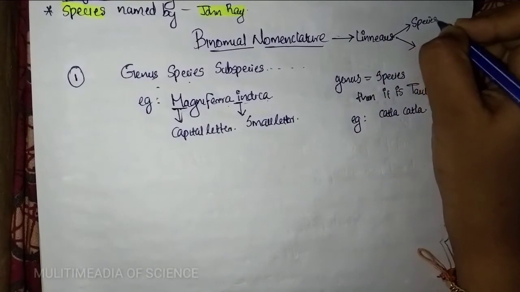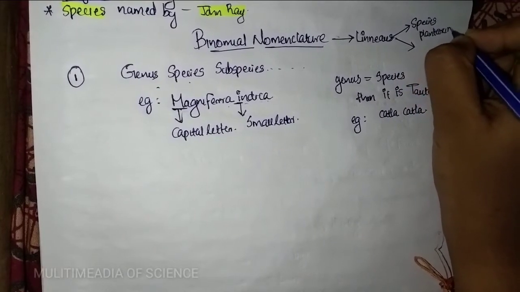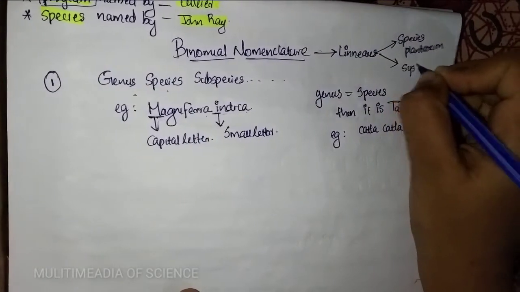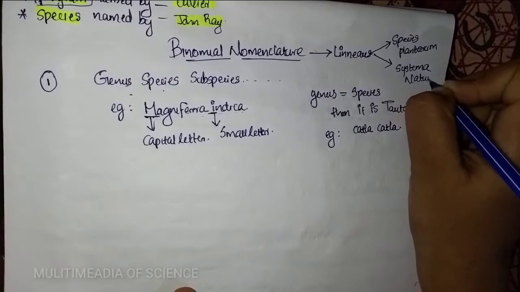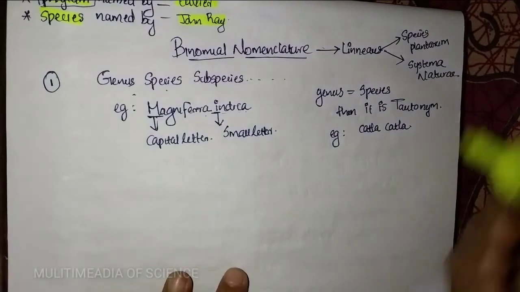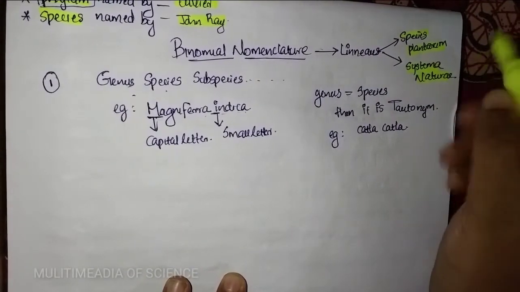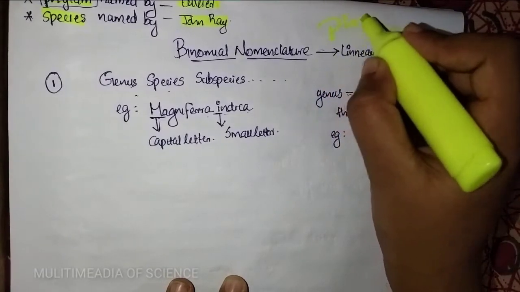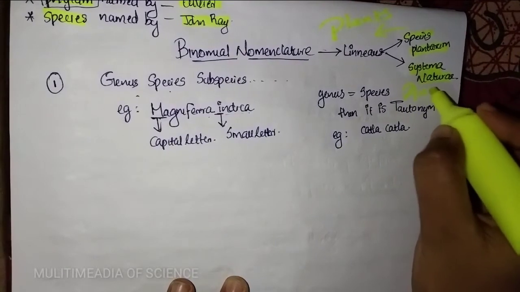One is Species Plantarum, another one is Systema Naturae. Species Plantarum is about plants, and Systema Naturae is about animals.